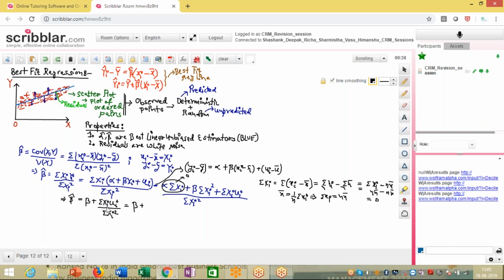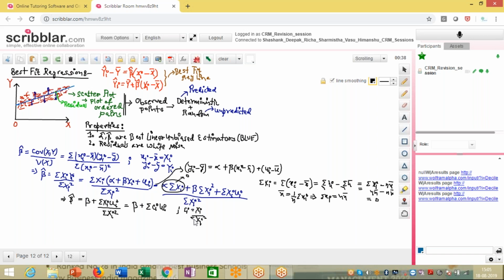So I can say that this is beta plus summation ci ui, where ci is nothing but a number. What is this number? The number is xi by summation xi square. This number will always belong to a fractional range between 0 and 1.